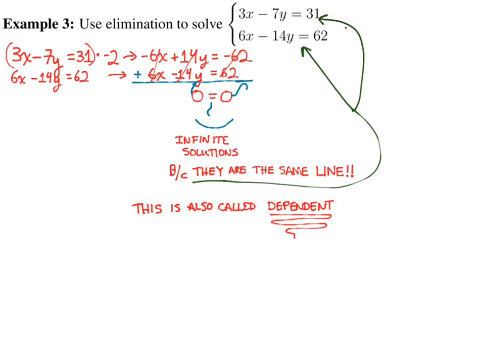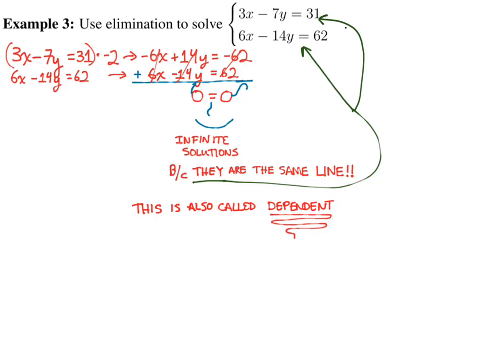And if you look, the second equation is just what you get if you multiply the first equation by 2, right? If you multiply 3x minus 7y equals 31, the top equation, by 2, you end up with 6x minus 14y equals 62. You get the exact same thing as the bottom equation. There's a special word for what's going on here. It's called dependent.